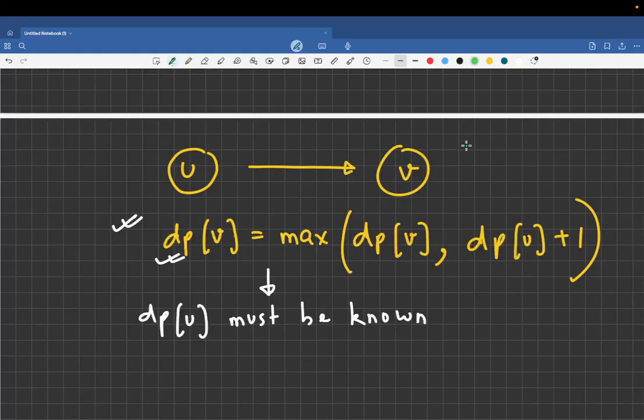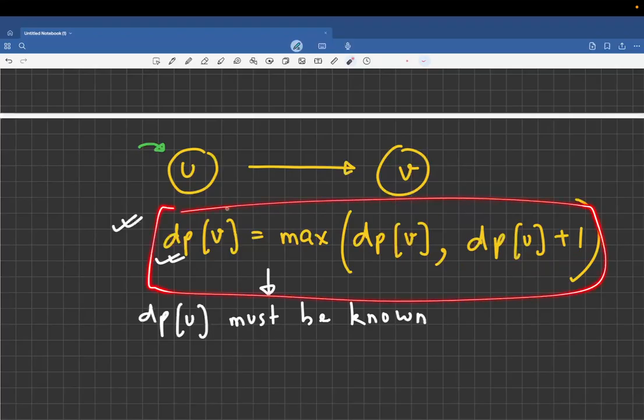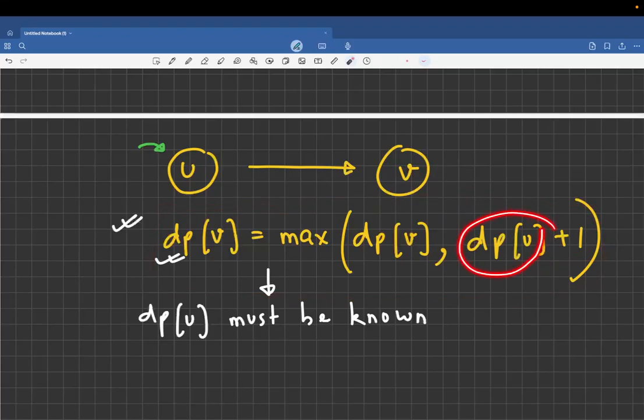So what does the transition equation become? The maximum number of cities to reach city V is equal to the maximum of whatever the current value is, comma, whatever the value to reach city U plus one extra city you will visit once you reach V. If you use this particular edge and reach city V, you're going to cover an extra city V. So dp of U plus 1. Now we saw that in this transition equation, I should already know this value if I want to write this statement.